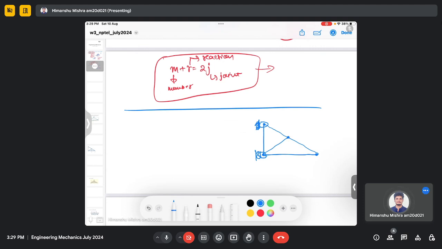So this is our truss. This is A, B, C, and D, and there is a force acting at point D, which is 2 kilonewton. And let the distance be 5 meter, and here it is 5.